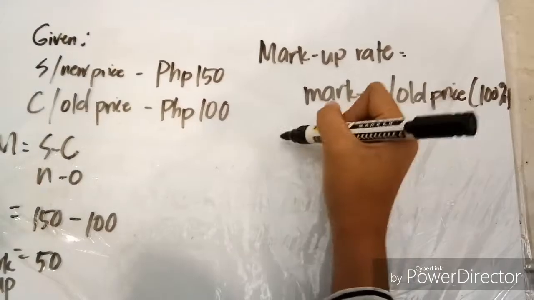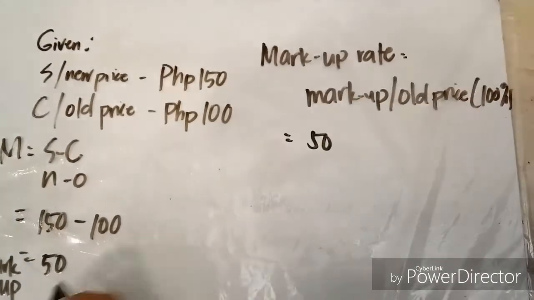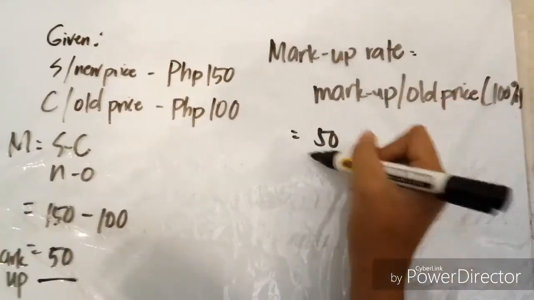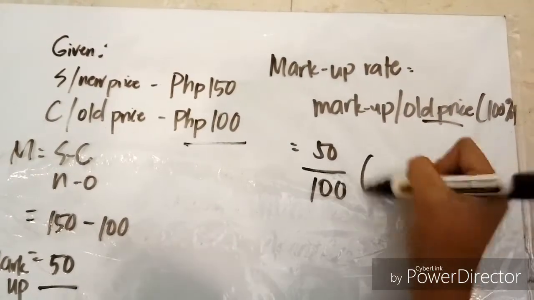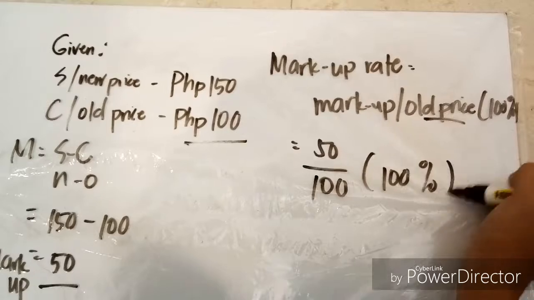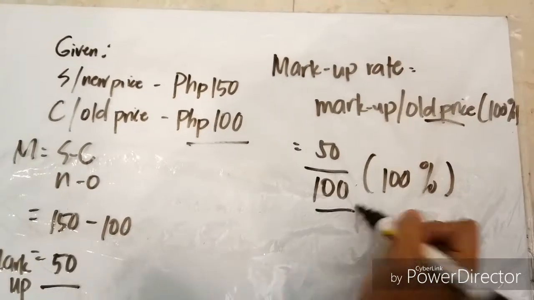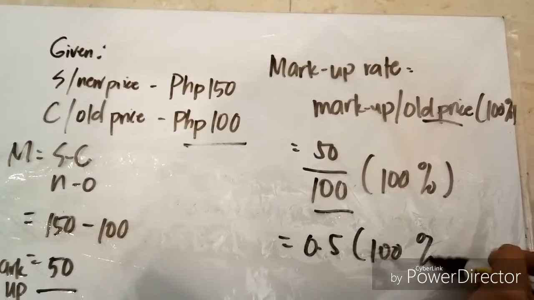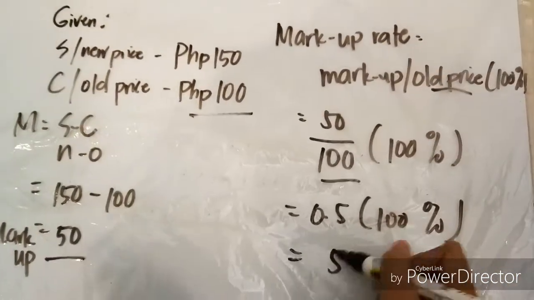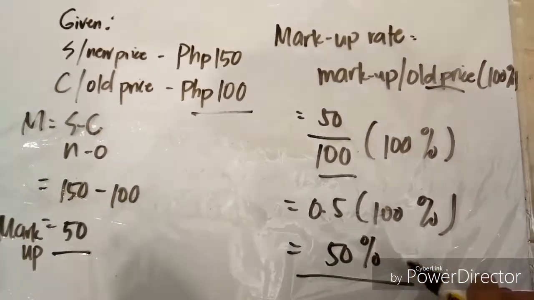And that will be 50 from here over the old price, which is 100 pesos, times 100%. So 50 over 100 will be 0.5 times 100%, and that will be 50%. That is the markup rate.